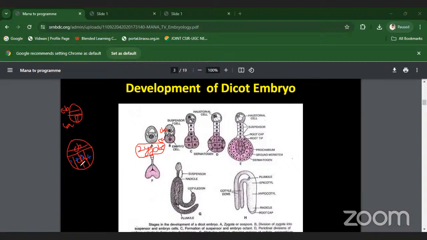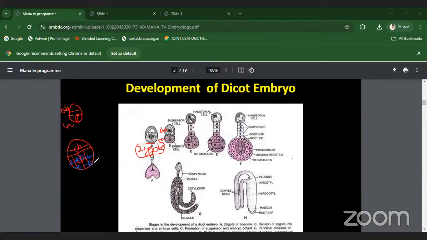So this is the tetrad. Now this tetrad divides transversely and forms the octant. Transverse division means like this. Now count above 4 and below 4: 5, 6, 7, 8. The octant is formed after the transverse division.